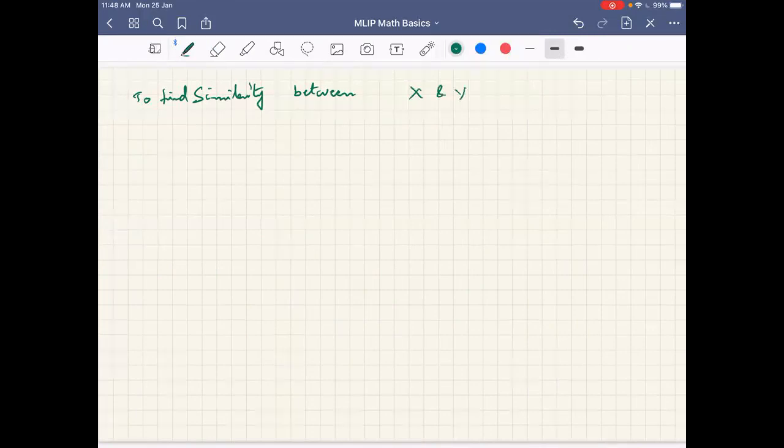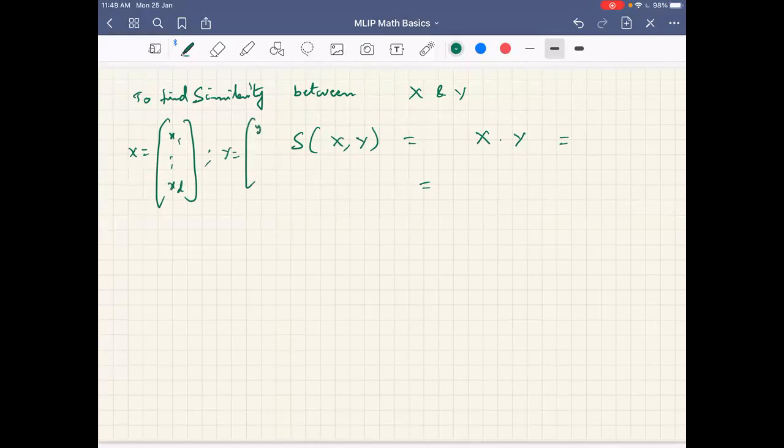One way to find it is I write S of X comma Y as X dot product with Y. How can I write this dot product in other words? I just want to write it in another notation. Please note that for all our discussion, X is a vector and Y is a vector. Yeah, X transpose Y. Very good. So I can write this as X transpose Y.